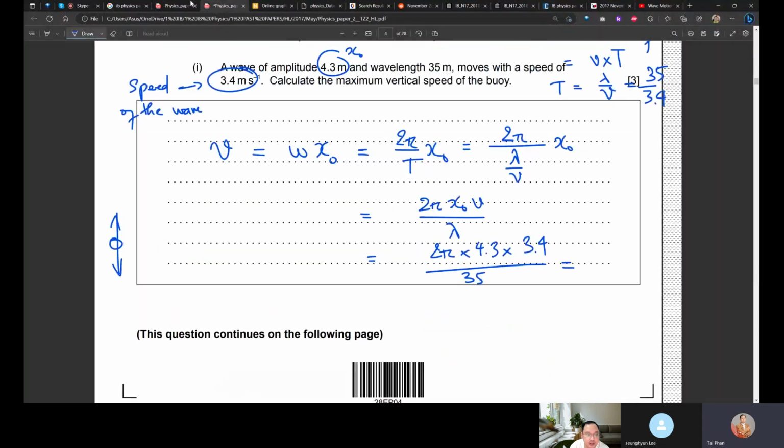Take into account significant figures, 2.6 here, meter per second. That is the speed of the buoy and also of the water molecule, the maximum speed of the buoy.